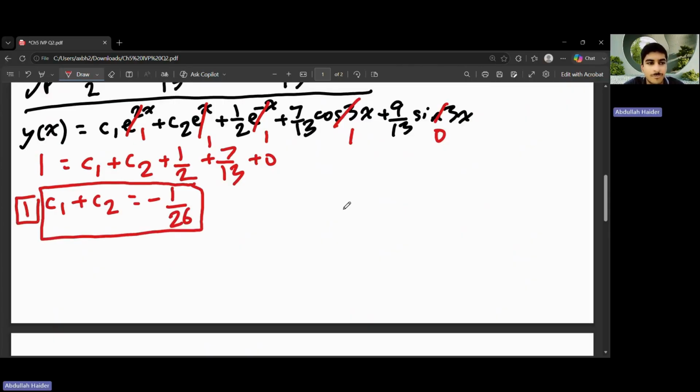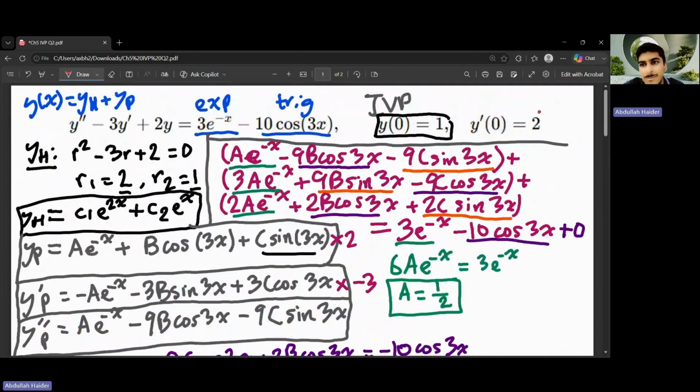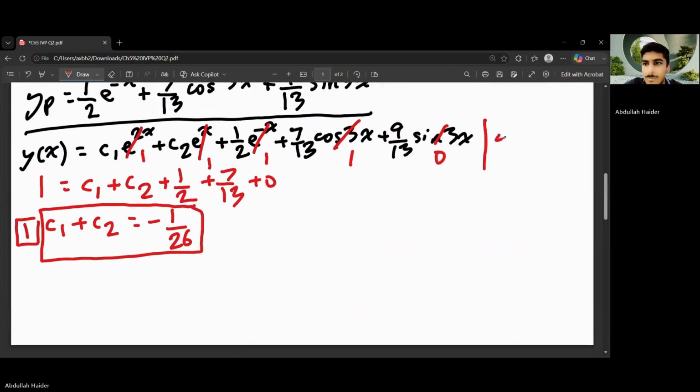And now, if you want to find C1 and C2, you need to take the derivative of your y of x and then apply this initial condition, y prime 0 is equal to 2.